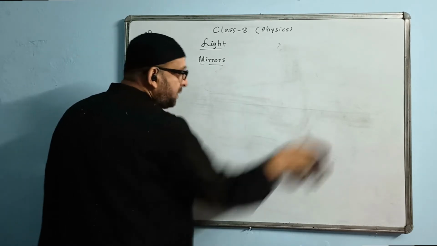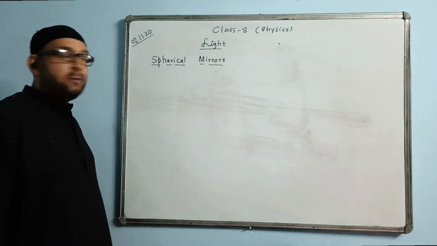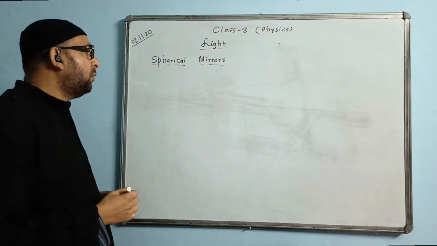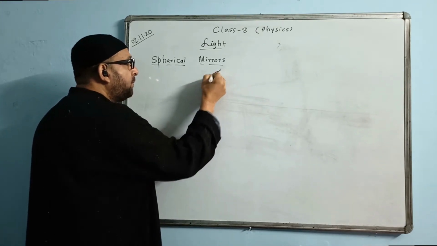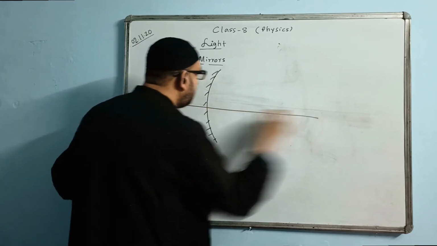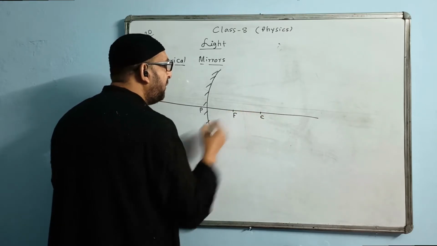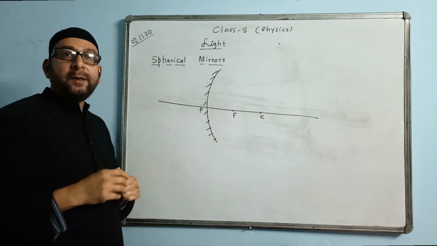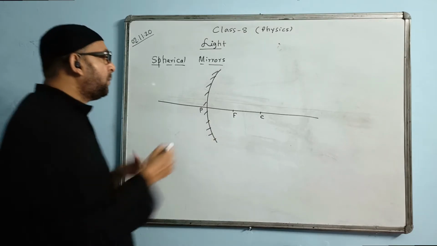Now there are two main properties related to a spherical mirror that we have to know. Suppose we are having a concave mirror. Let us take the point P, the point C, and the point F. What is the property related to the point F, the focus?